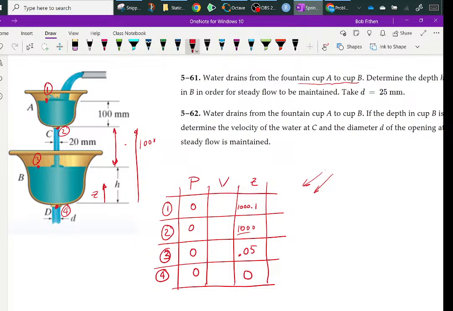So now we've got velocity at 1, velocity at 2, velocity at 3, and velocity at 4. What do we know about 1? Pretty much 0, and 3 is pretty much 0, because we've moved this spot enough off to the side so that it's 0, and we've moved this one off to the side enough so it's 0.